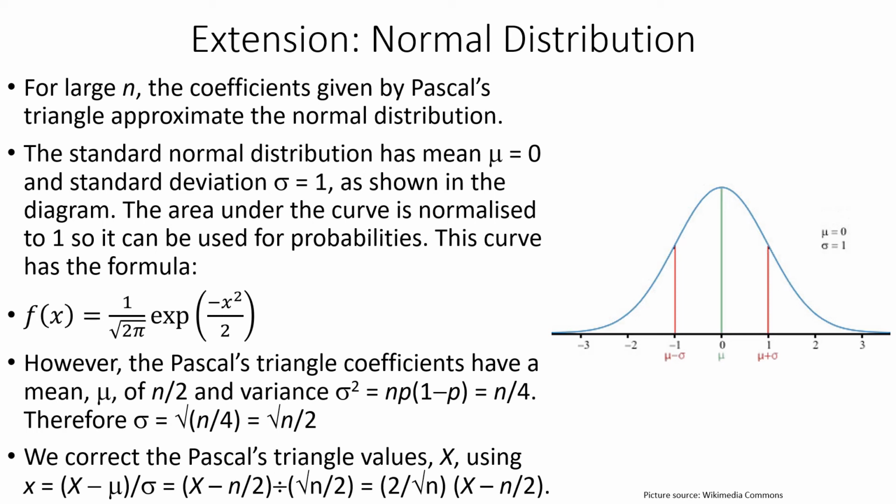And so for this correction, we're going to take our own values, if you like, the x, and subtract our mean, so that ultimately we'll shift it onto that 0 line, and we're going to divide by our sigma, which was root n over 2. So subtracting our mean, that's subtracting n over 2, and then we're going to divide the whole thing by our sigma, which is root n over 2. And so that's the same thing as multiplying by 2 over root n, the value minus n over 2. And we're going to apply this in the next slide.